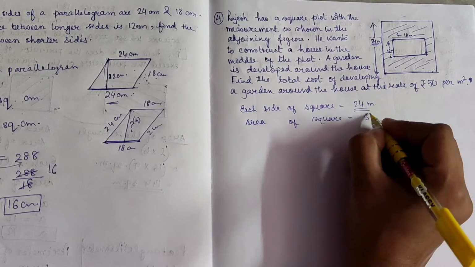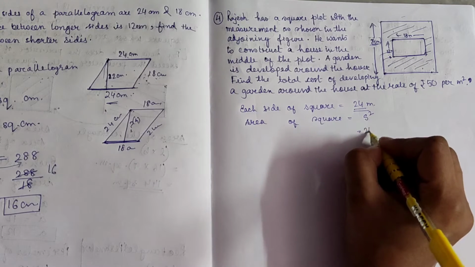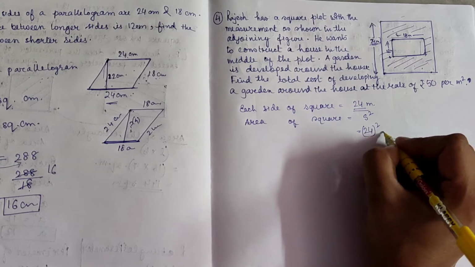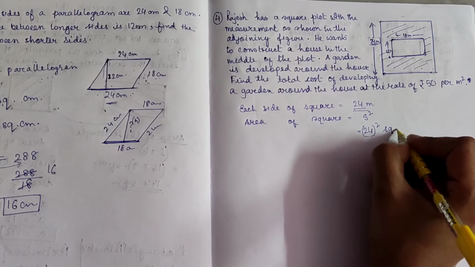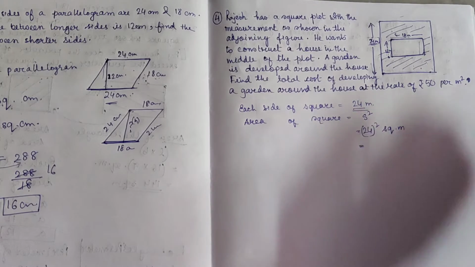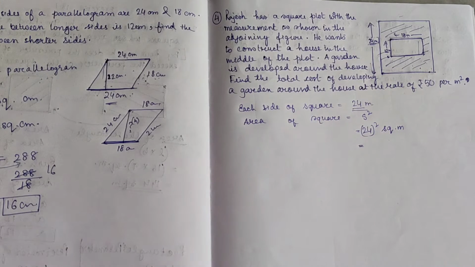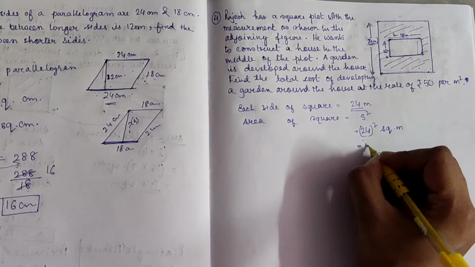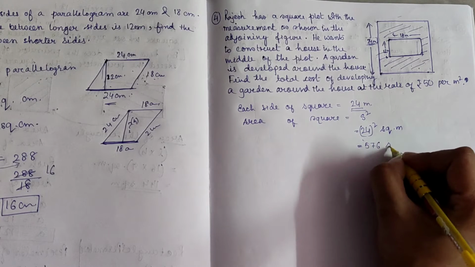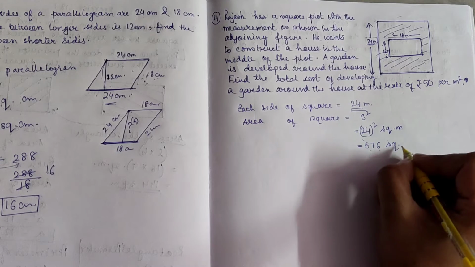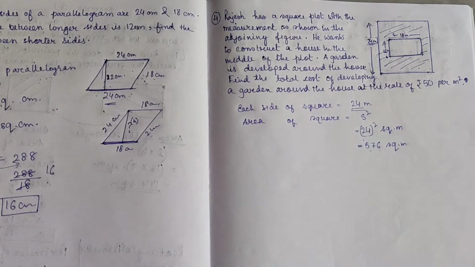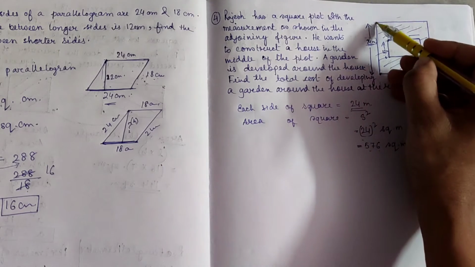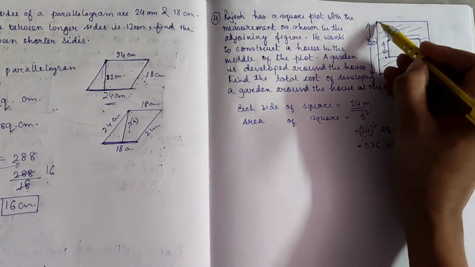We know the side, so 24 square we will write, and don't forget to write the unit as square meter. So now we have to do 24 into 24. 24 into 24 comes 576. We will write 576 square meter. Done. So we have got the area of the plot.